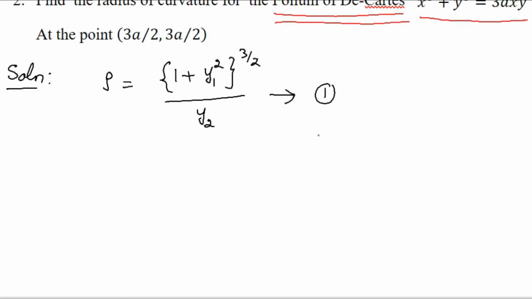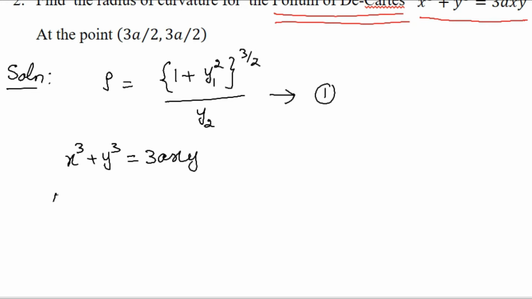So if you try to observe, the given curve is given in the form of x cube plus y cube is equals to 3axy. From here, I need to find out the value of y1. So let us take the given curve x cube plus y cube is equals to 3axy.